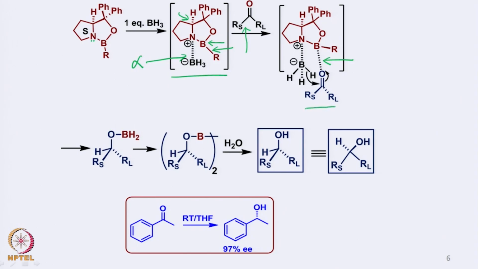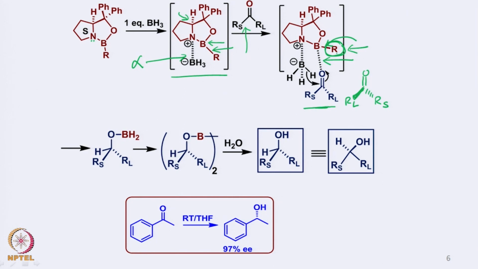One, of course, as I have shown it here, and the other possibility is that the oxygen attaches in this fashion and we have our large group coming here and the small group coming here. So this particular R group which is pointing upward, because the oxygen of the carbonyl group from the lower side has attached, and the steric hindrance caused by the R group would decide in which direction the carbonyl group would be oriented.